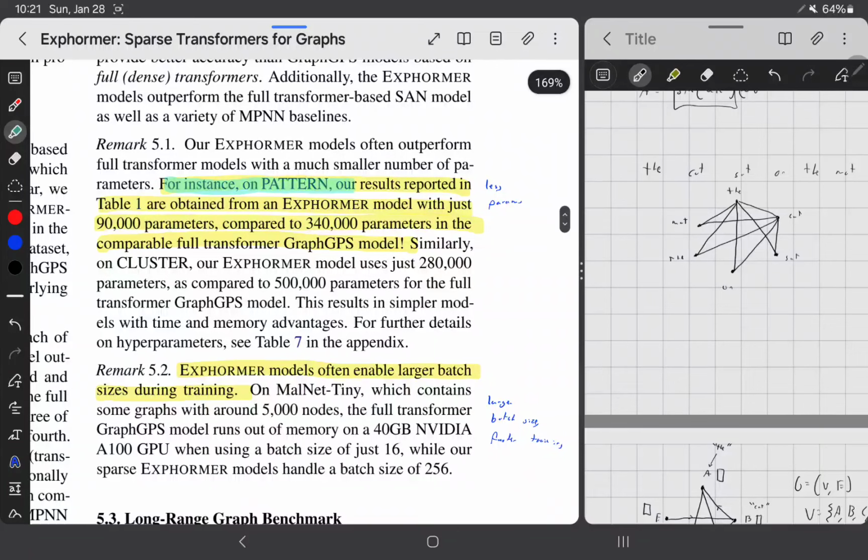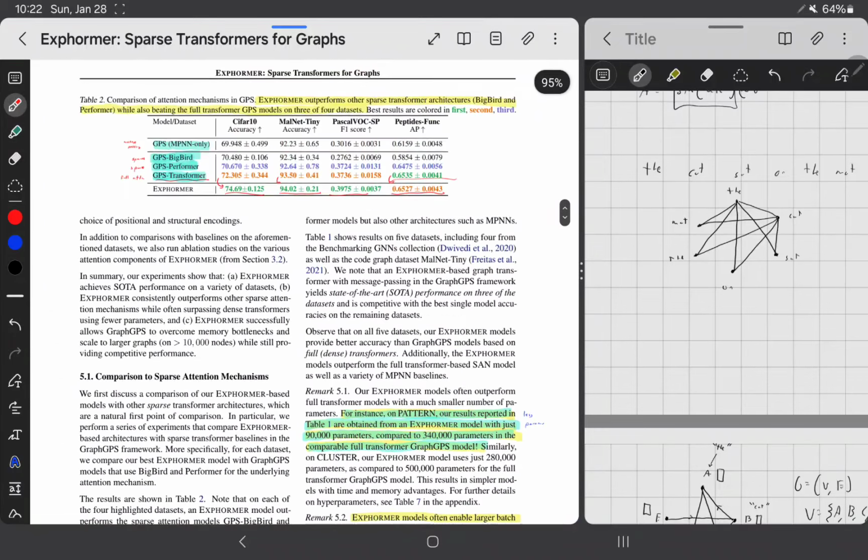So for instance, on this data set, the Exphormer model was just 90,000 parameters compared to 340,000 parameters in the full transformer model. So it's a lot smaller, it's a lot faster, and it sometimes outperforms other models, which use full attention. So it's looking very good for this model.